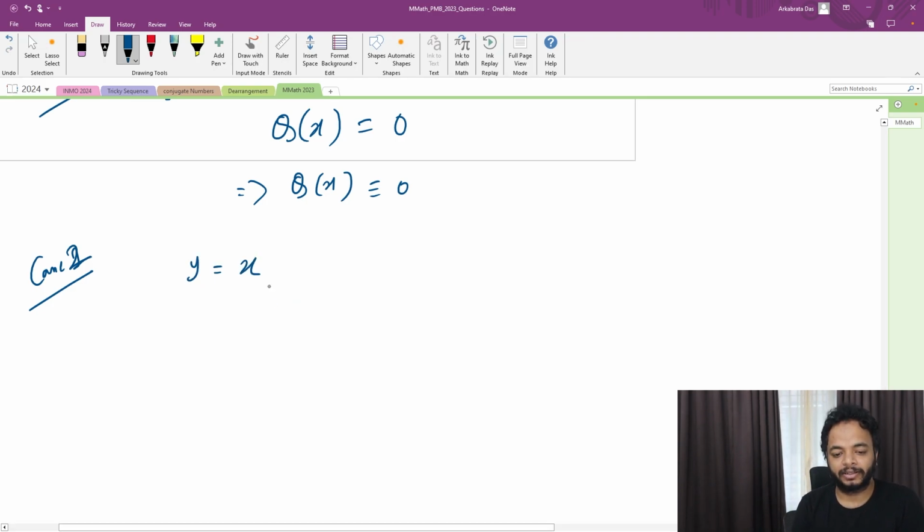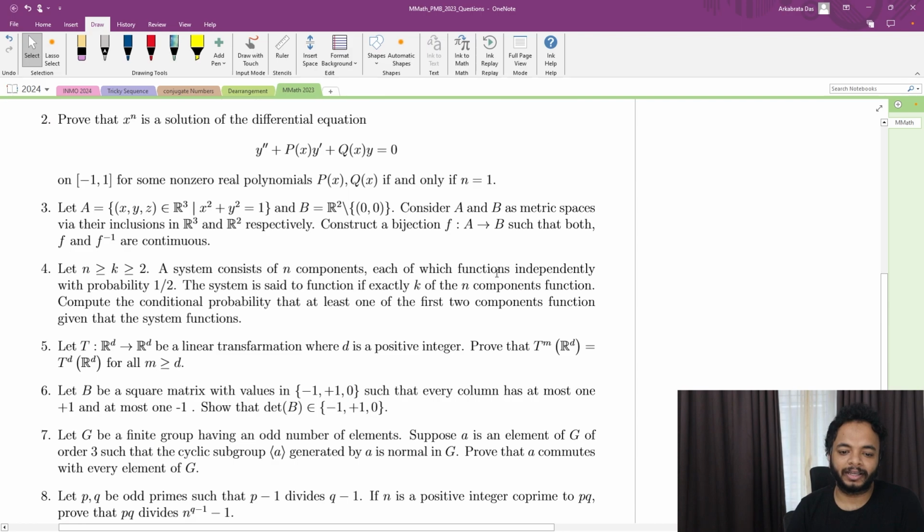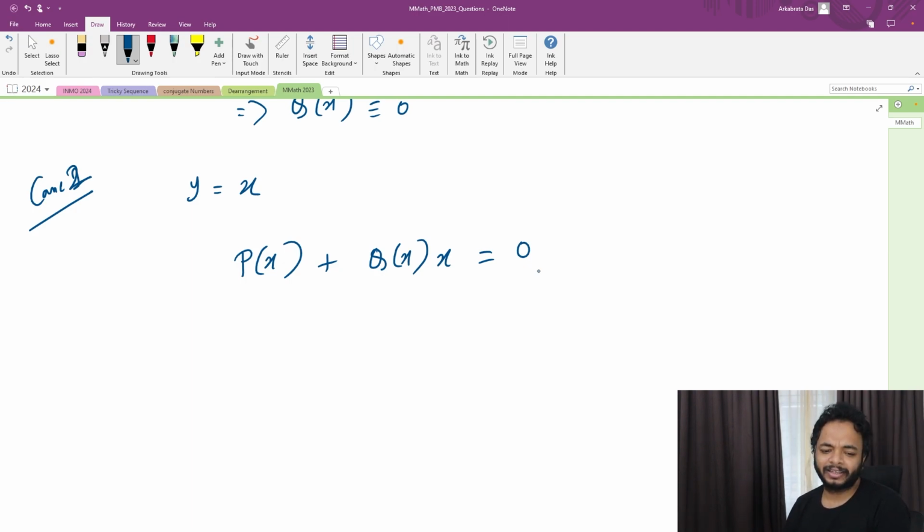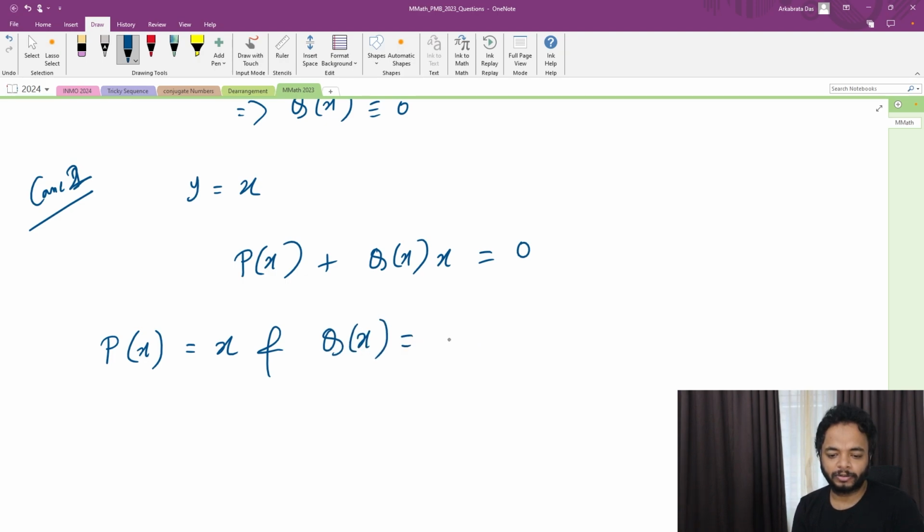So that is y equals x. Let's see what the equation boils down to: p(x) times 1 plus q(x) times x, and that should be 0. Let's consider p(x) to be equal to x and q(x) to be the polynomial -1.